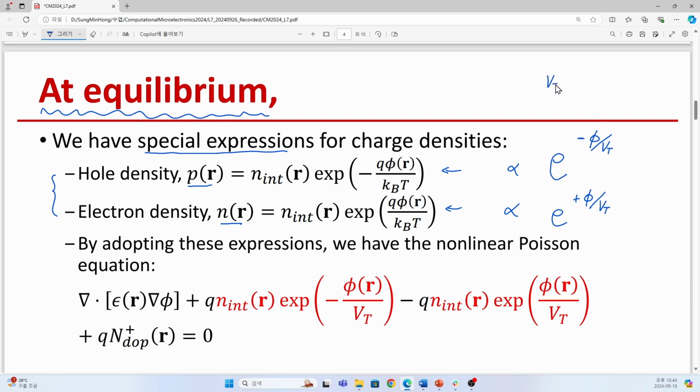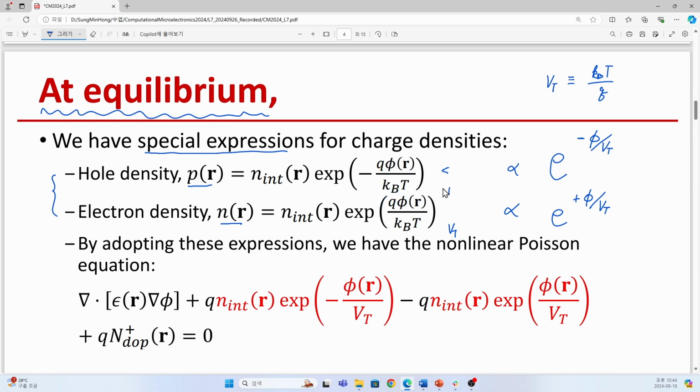By definition, this thermal voltage is defined as the thermal energy divided by the elementary charge q. So you can see that this corresponds to the quantity like Vt. For a while I will just use the full form of the thermal voltage.